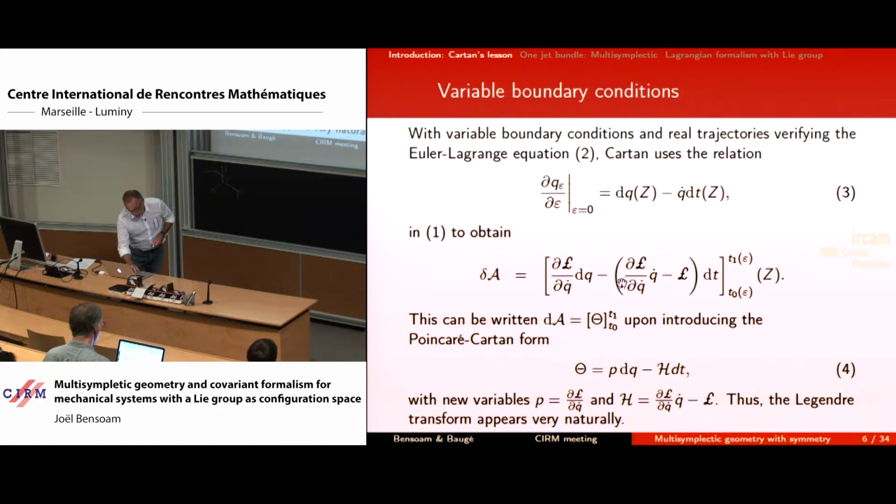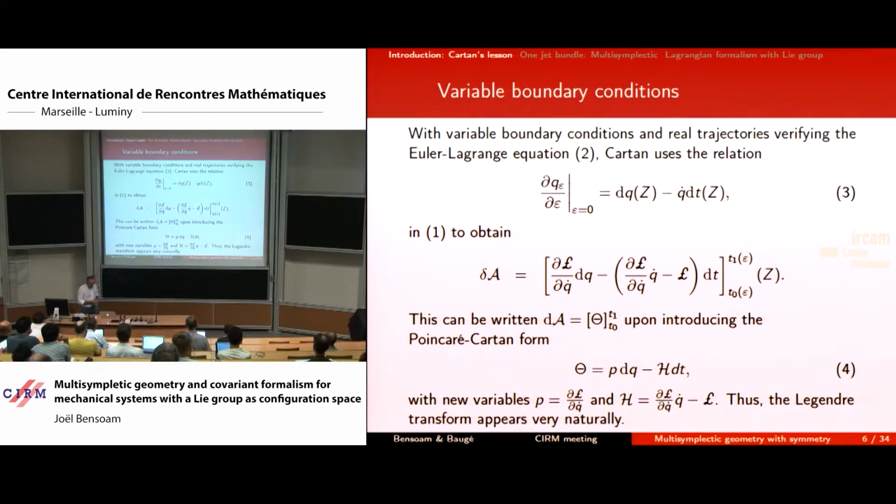So you have here the new variables, the momenta, and here you can define a new function, which is the Legendre transform of the system. In this way of thinking, the momenta and the Legendre transform appear really naturally.